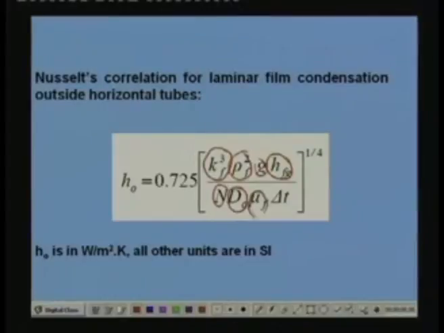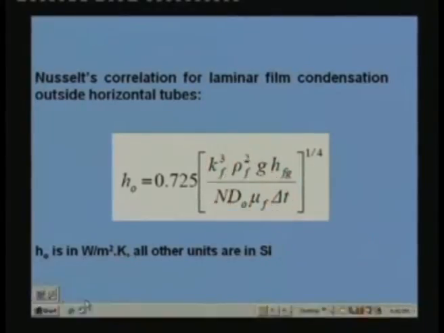Mu f is the viscosity of the saturated liquid, and delta T is the temperature difference between the refrigerant and the wall surface. Here H naught is in watt per meter square Kelvin, and all other units are in SI. So you have to be careful while using the units.